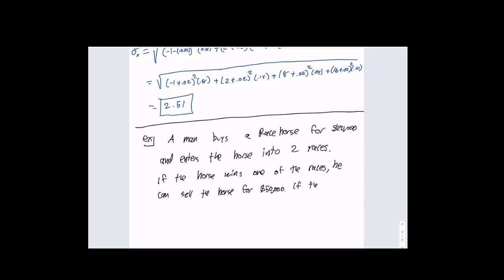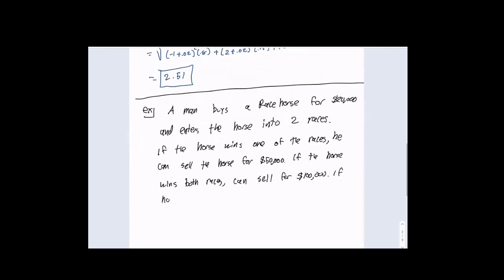If the horse wins both races, he can sell for $100,000. If the horse loses both, then he can only sell for $10,000.